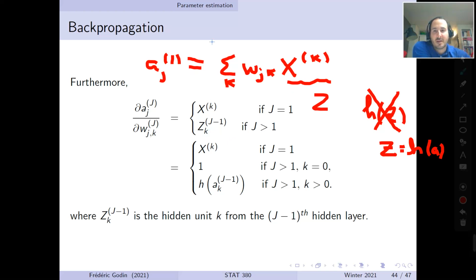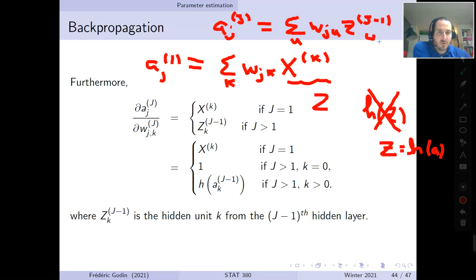Because you have something like a j is the sum across all u of wju times z j minus 1 u here.